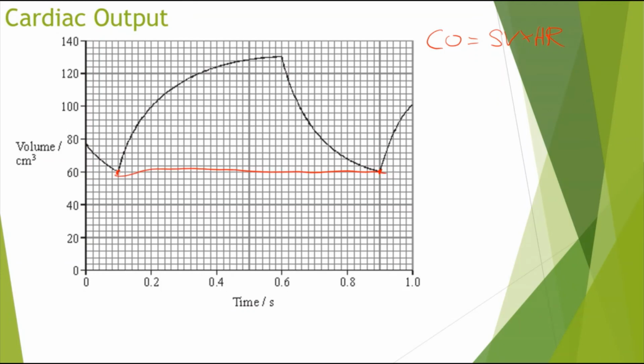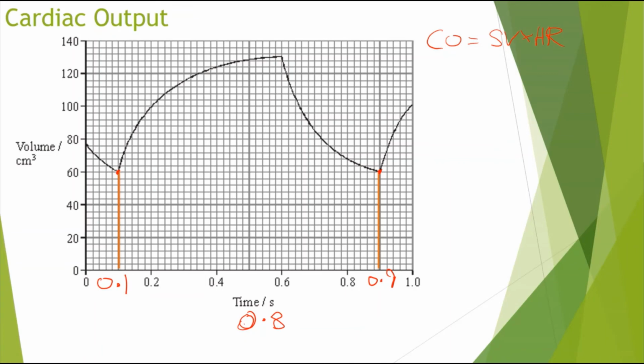To calculate the heart rate, what I would need to do is find the time taken for one cardiac cycle to be completed. Looking at this, the cardiac cycle starts at 0.1, ends at 0.9, so the cardiac cycle takes 0.8 seconds to be completed.